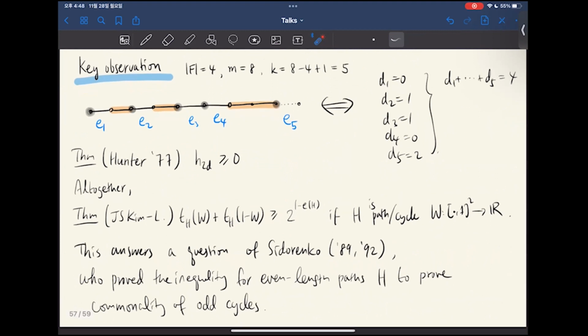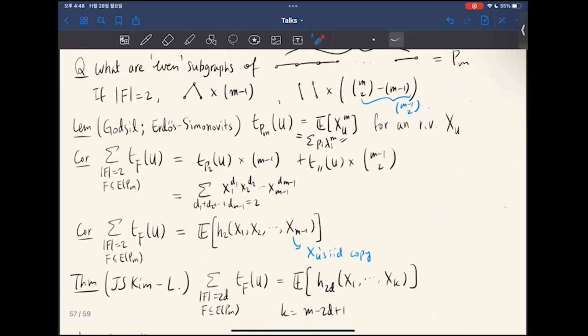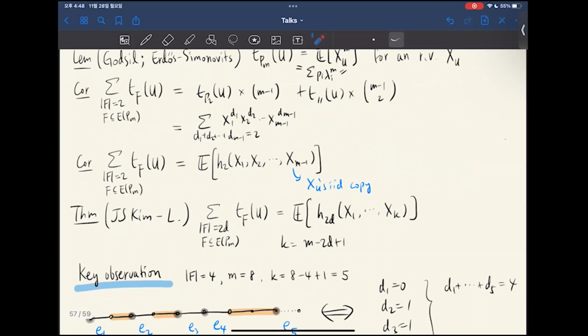Okay, so you've seen the key observation. Here's Hunter's theorem in 1977 saying that this is simply non-negative. So I can just look at here and everything's non-negative. Basically, if I fix an even size, then that's a sum of some non-negative terms, and hence non-negative.